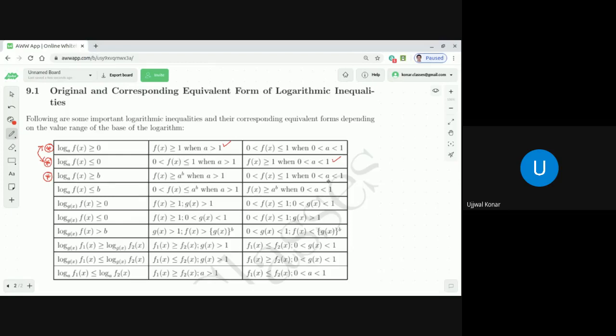The solution set varies when you go for log of f(x) base a less than or equal to b.